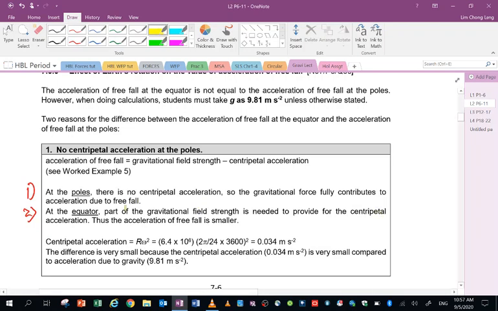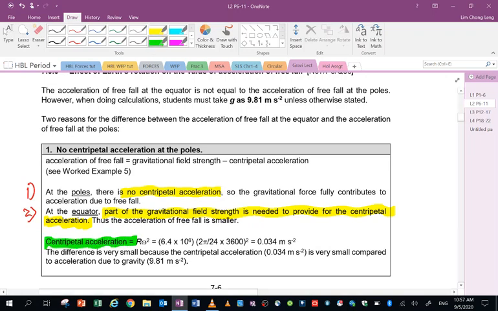Let me highlight this. Okay, this is the important part. But at the pole, there is no centripetal acceleration, because the body is merely rotating on the same spot. Without going into greater detail now, let's look at the magnitude of the centripetal acceleration.